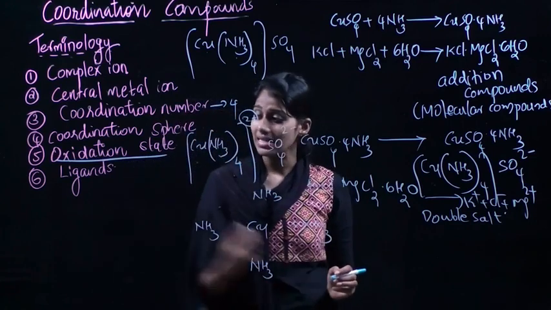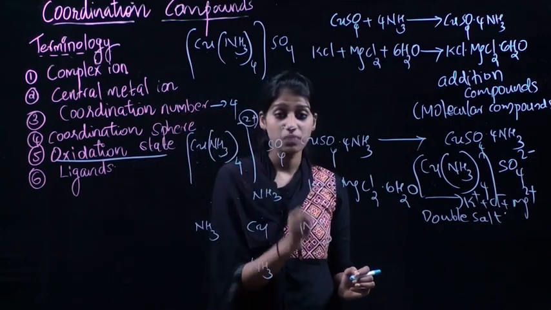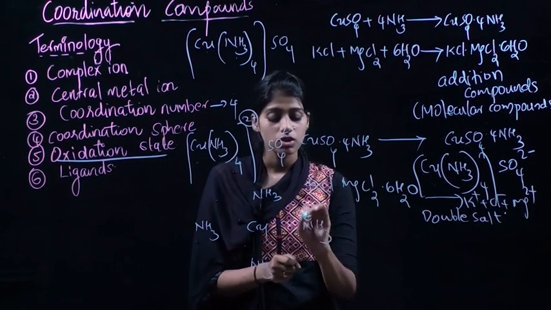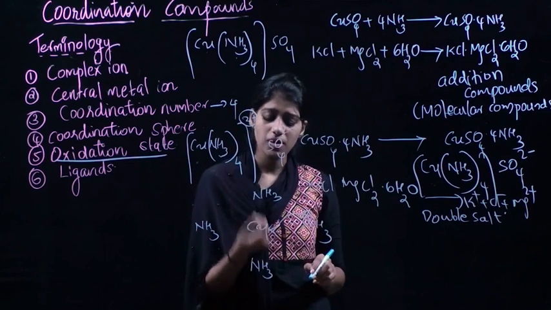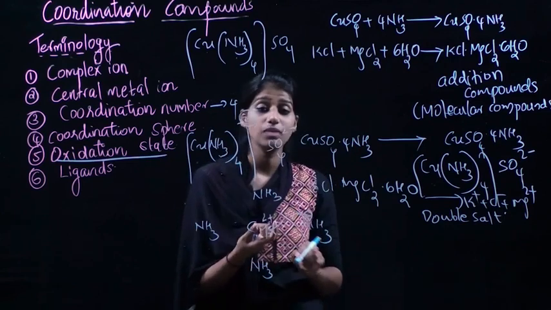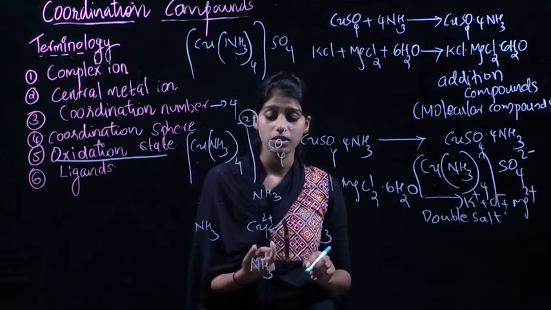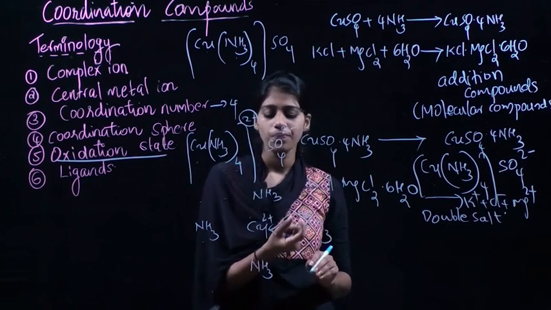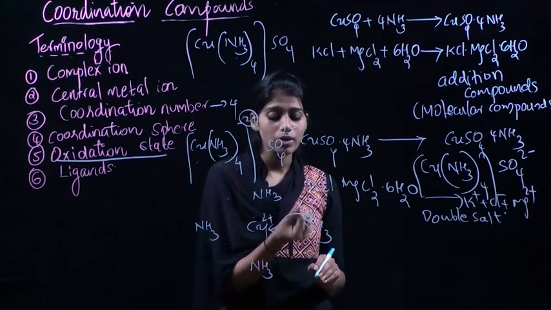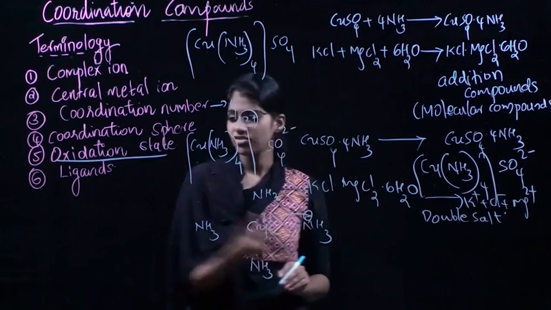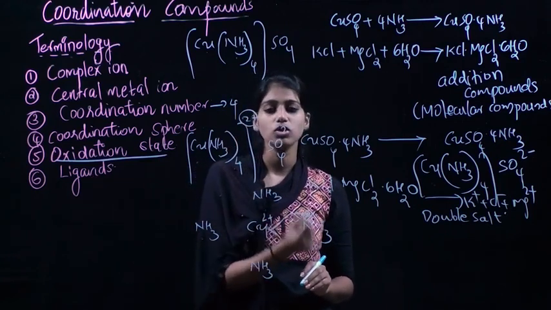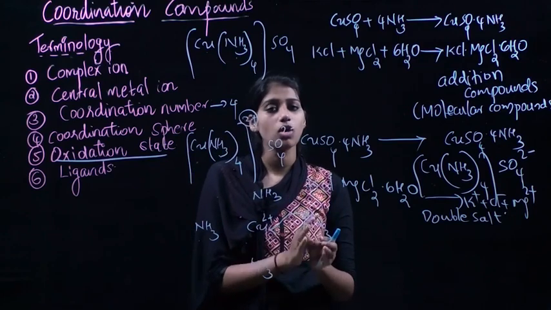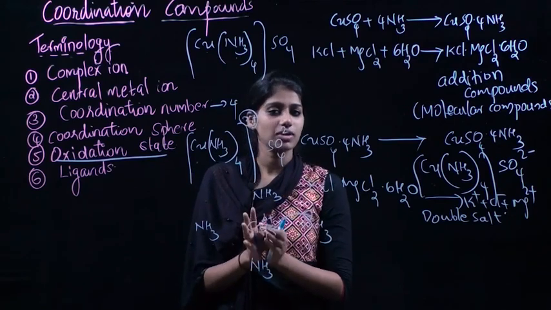Why is NH3 acting as a ligand? Because it is a Lewis base, it is electron rich, so you have an electron pair available for donation. Copper 2+, being a d block element, has enough empty orbitals so that it is able to take the 2 electrons donated by the ligands. Therefore any ligand will be an electron-rich substance which is able to donate electrons from its filled orbital to the vacant orbital of the central atom.